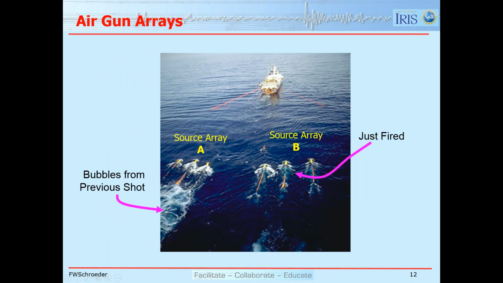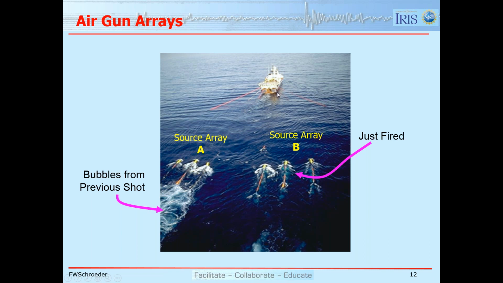So here's the vessel acquiring the seismic data. We typically use 2 or more source arrays. This on the left is labeled source array A, and then source array B. B has just fired. You start to see some of the bubbles. A fired maybe 5 or 6 seconds previously.